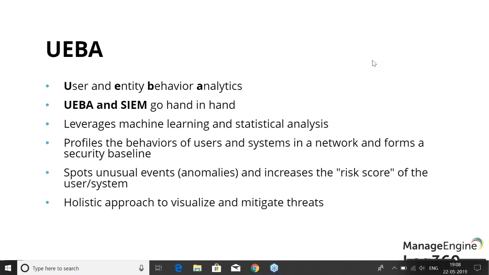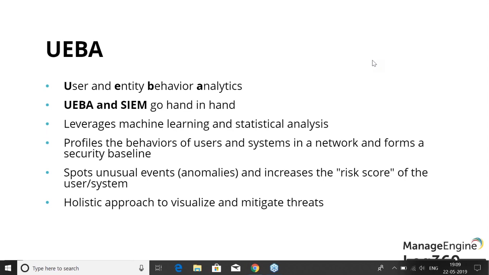So the machine learning works on your SIEM solution's data to find out what is normal and abnormal in your network. And if something anomalous happens, the UEBA module is able to raise an alarm for the deviation from the security baseline.